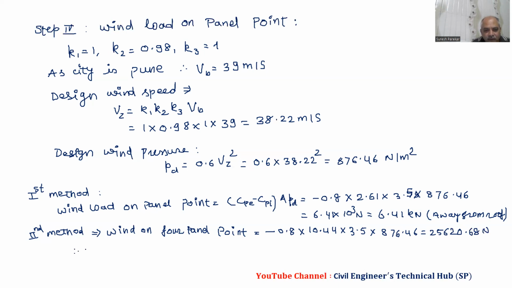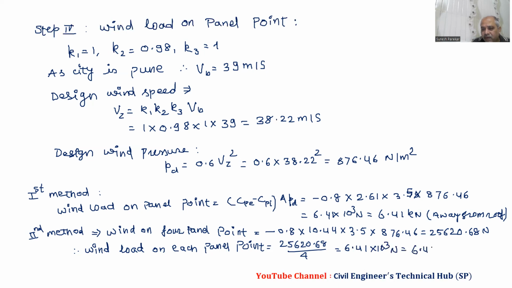Therefore wind load on each panel point equal to 25620.68 divided by 4, and this value comes 6.41 into 10 raised to 3 Newton, that is 6.41 kilonewton.